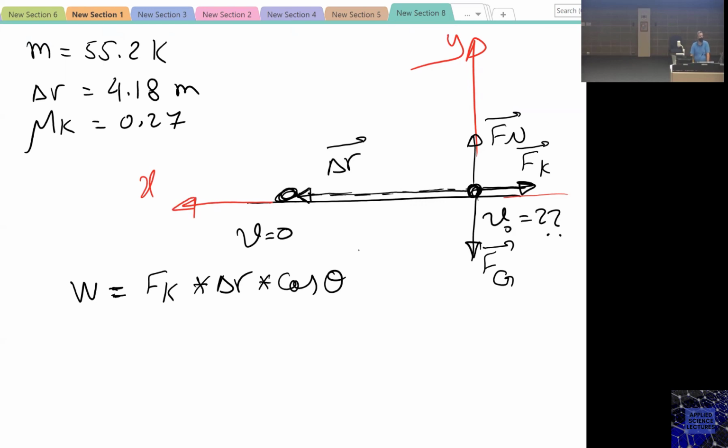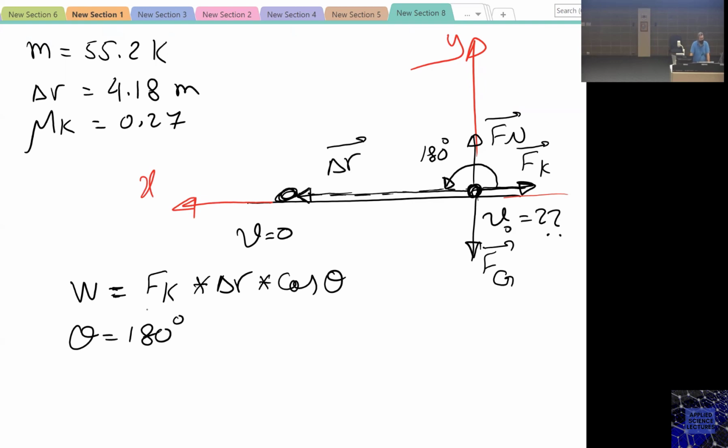How much is theta? 180 degrees. Look at the angle between the displacement and the frictional force: 180 degrees. So I have theta as 180 degrees. What is the frictional force?